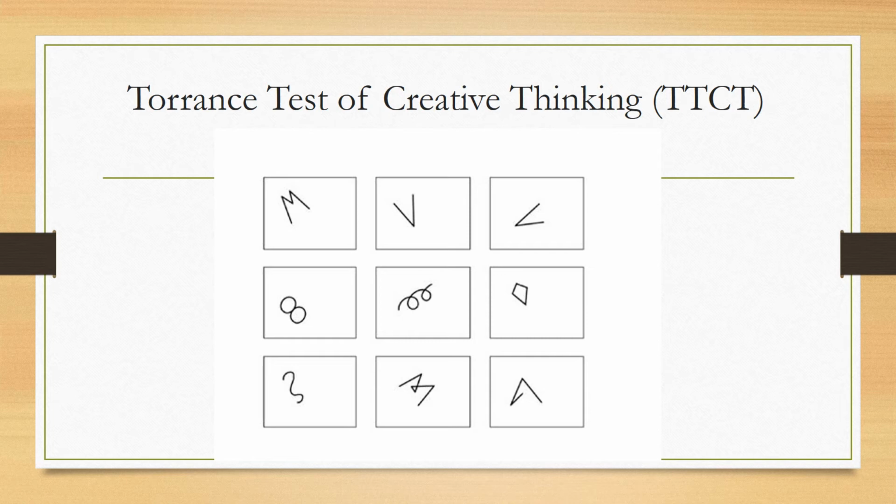And so they draw these pictures and they get scored for originality, for elaboration, and for the constructs that we were seeing before. There are other parts of this test, but basically it's a way to assess students' creativity and come up with a score.